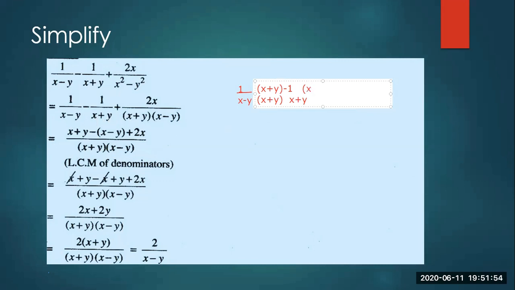So I'll multiply x minus y with the numerator and the denominator.